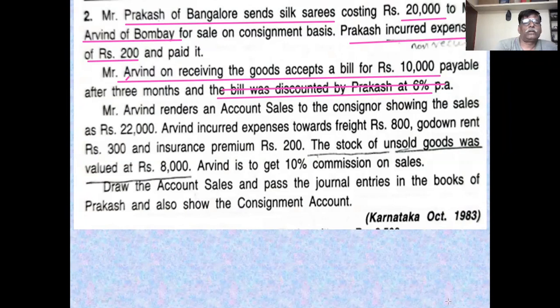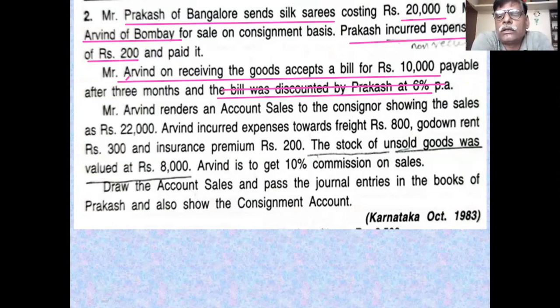The next point is Mr. Arvind rendered the account sales. Account sales means details of goods sold, expenses incurred, commission, advance paid, and amount payable. Account sale is a statement given by consignee to consignor.